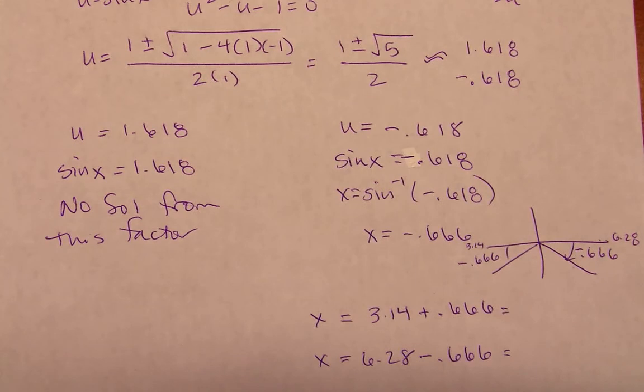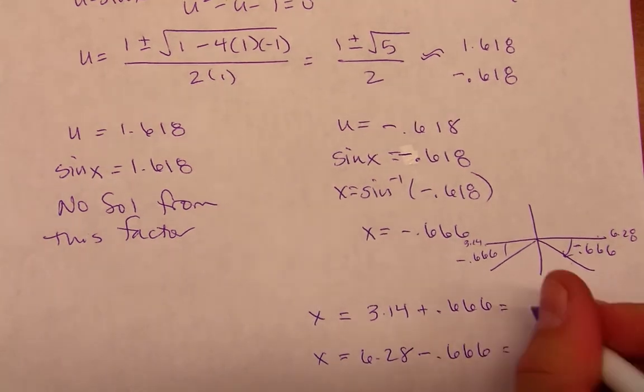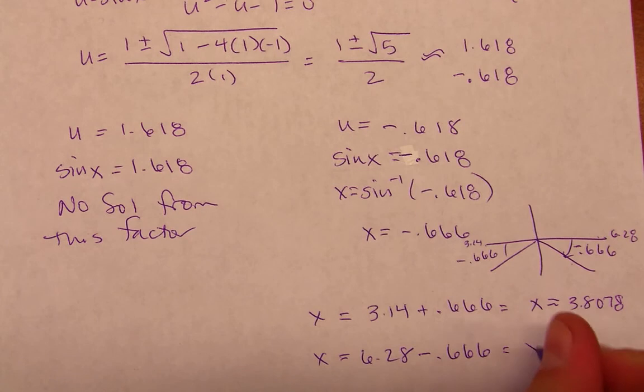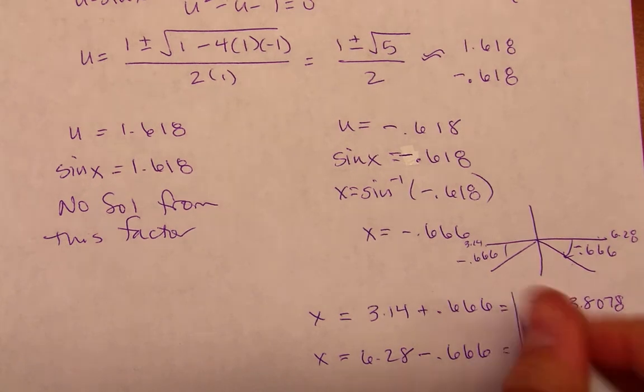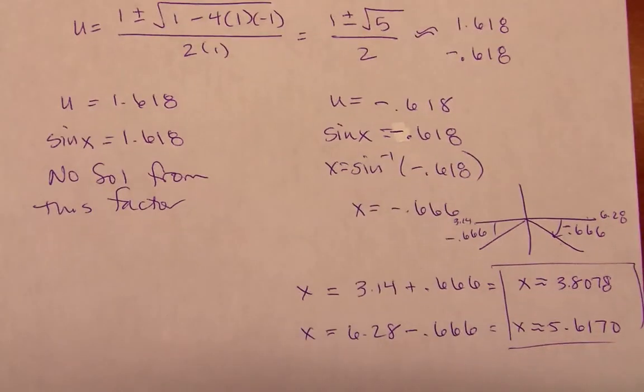So let's go ahead and calculate those, and we get x is about 3.8078 and x is about 5.6170. And those are our solutions to this example. Okay, so that brings us to the end of section 5, and that finishes chapter 5.